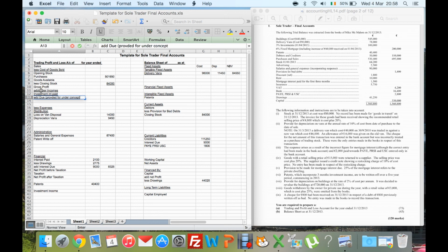The accounting concepts say that any expense must be anticipated, so even though the examiner hasn't asked for it, you would need to make sure that you include that here.